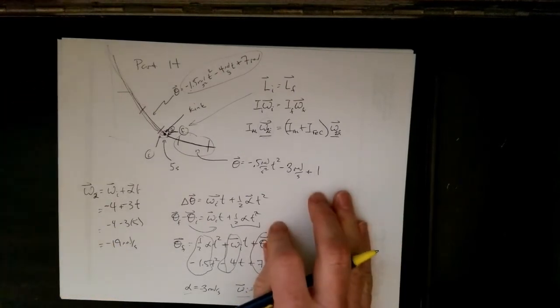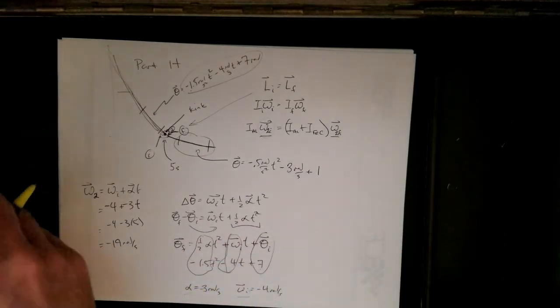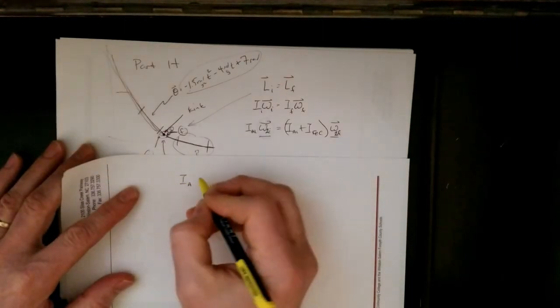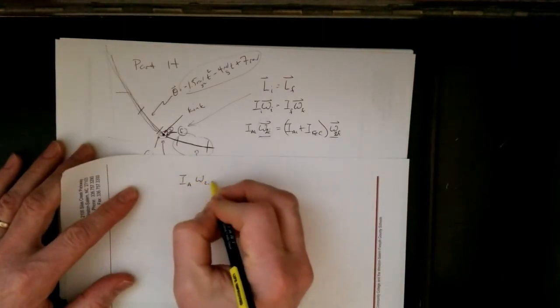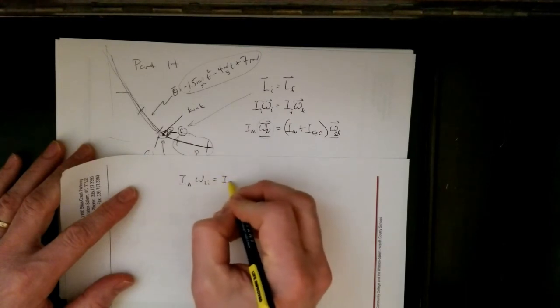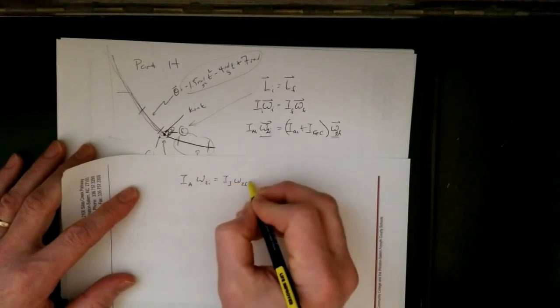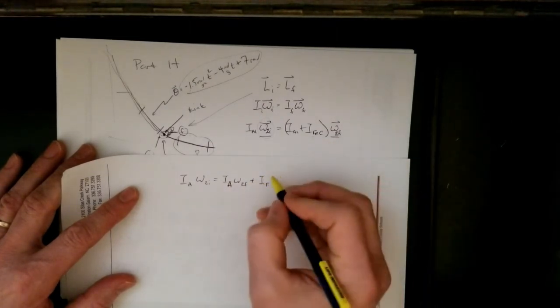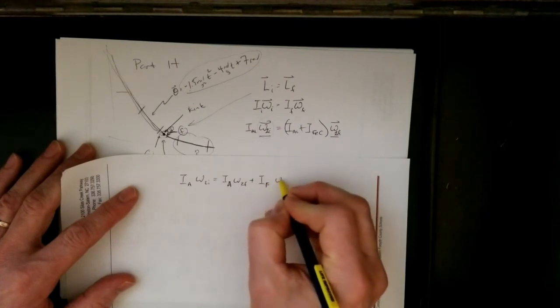And so lastly, I asked you to find the ratio. So I_A times omega 2 initial equals I_A omega 2 final plus I_A plus I steel, which I'm just going to label as I_F for right now, omega 2 final.